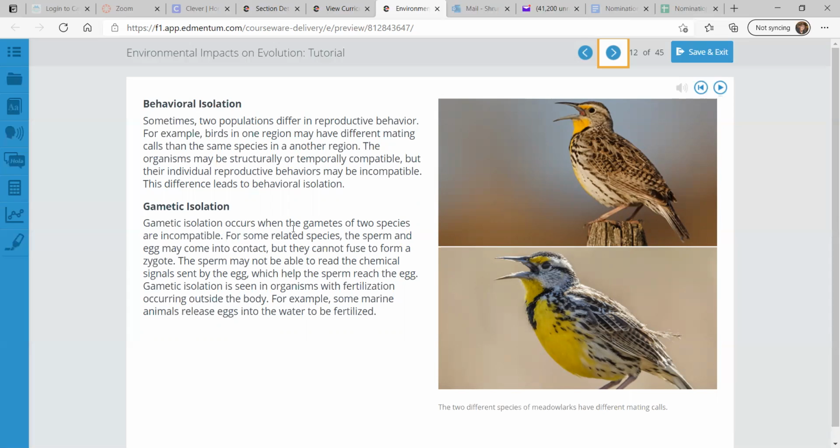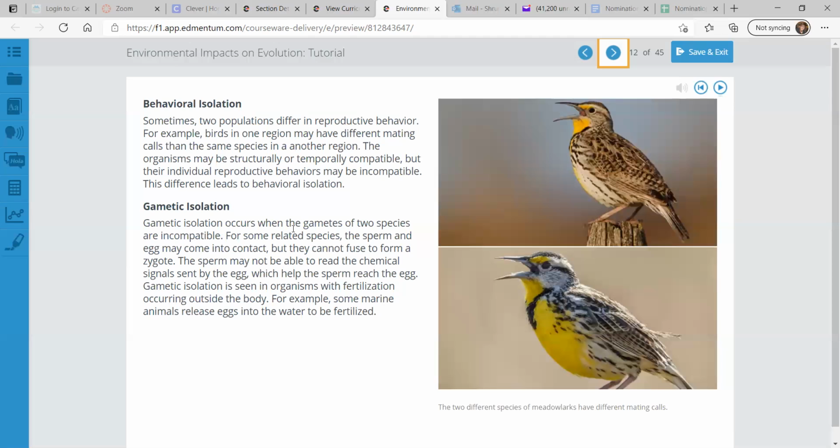Gametic isolation occurs when the gametes of two species are incompatible. So remember, gametes are the sperm and egg. Those are fancy words for sperm and egg. For some related species, the sperm and egg may come into contact, but they cannot fuse to form a zygote.